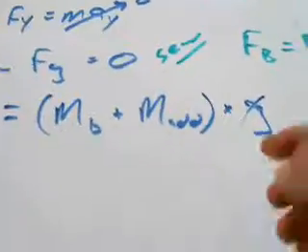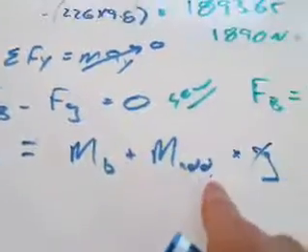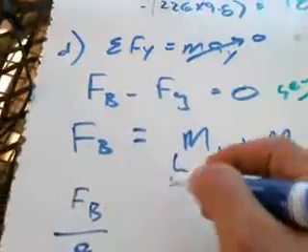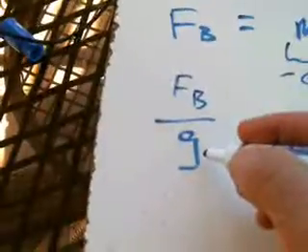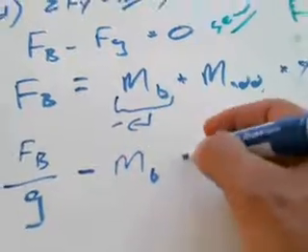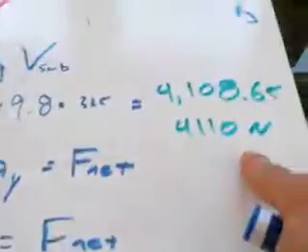Once you divide by g, that makes these parentheses unnecessary, which means FB over g, minus the mass of the balloon itself, will be the amount of m_add, the additional mass I can add to make it add up to nothing. So remember, that buoyant force, 4,110, is what I would call it.